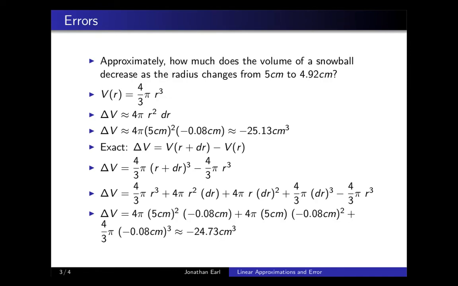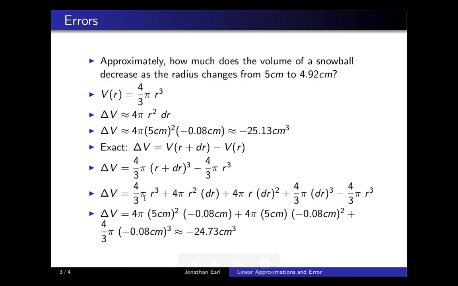Again, as before with the square, we could find the exact change in the volume here. The exact change in the volume is going to be the final volume minus the initial volume. We'd have to take this r plus dr and expand everything out. So when we do it, we get this expanded bit, and we see that the initial volume is going to cancel off with one of the terms from our expansion.